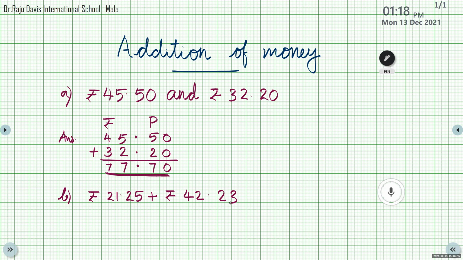Please say once more. 21 rupees 25 paisa.